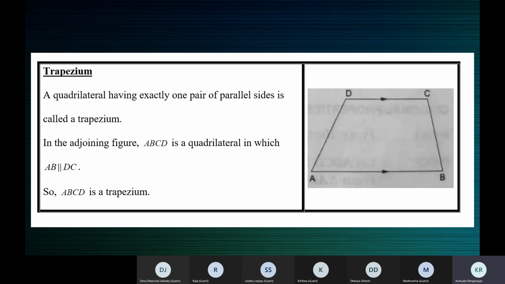Parallelogram: both the pairs of opposite sides are parallel. Is that fine? Understood, children? Yes, ma'am.